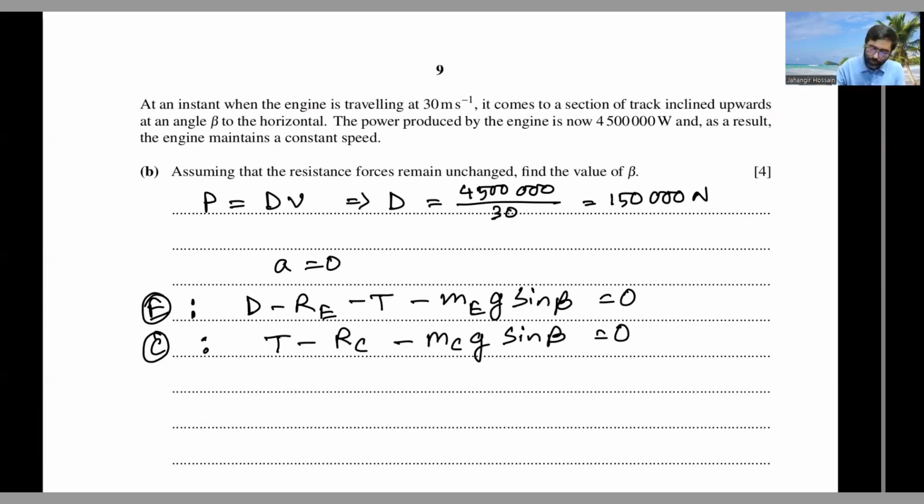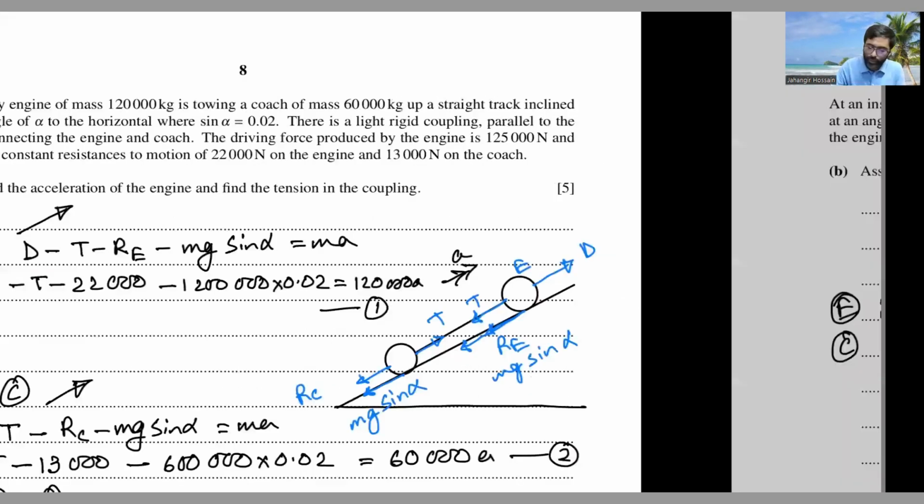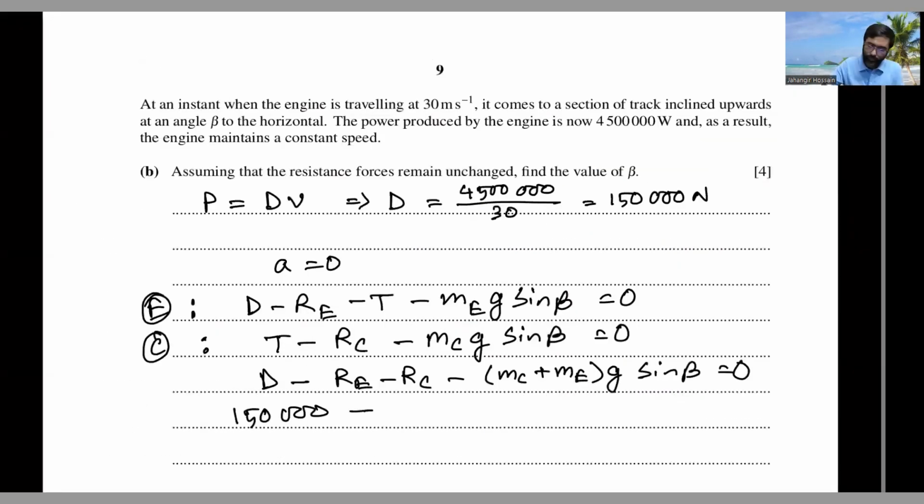So if you add these, D minus RE minus RC minus (MC plus ME) g sin beta is zero. So we have 150,000 minus RE RC combined, 35,000, minus 180,000 into 10 into sin beta.